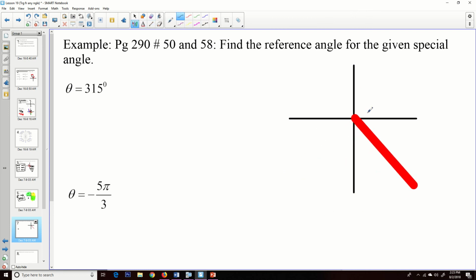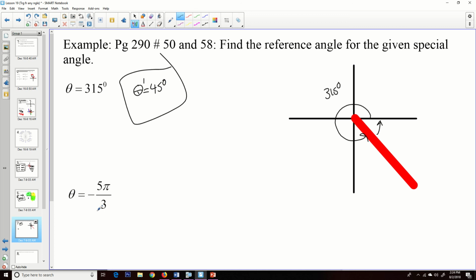So we're opening all the way around to this value at 315 degrees. Okay, so the reference angle is going to be this terminal side to the x-axis, from right there. So all the way around would be 360 degrees. So 360 minus 315 is going to be 45 degrees. That's my theta prime right there.